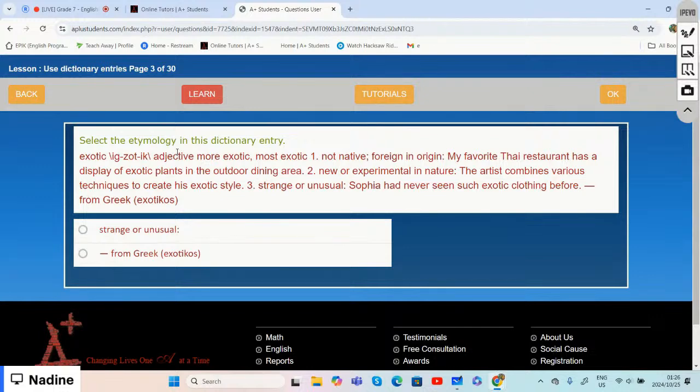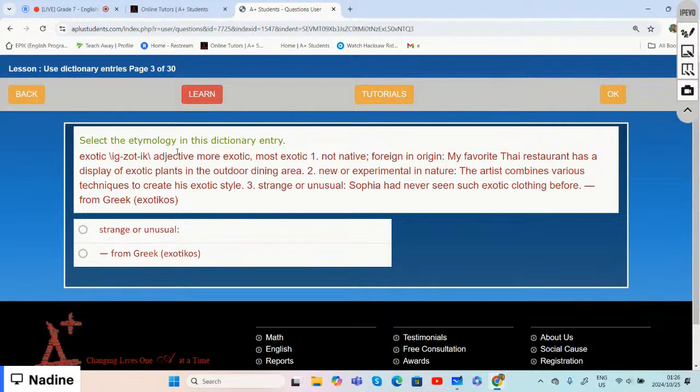So, option one, is it strange or unusual? Or is it option two, from Greek exotikos?